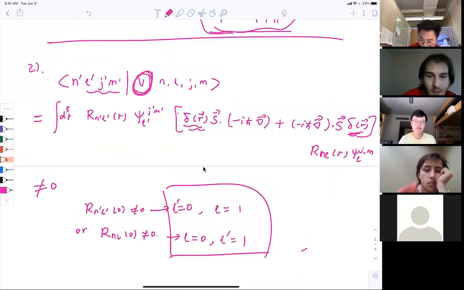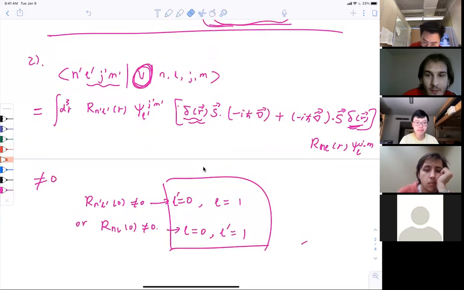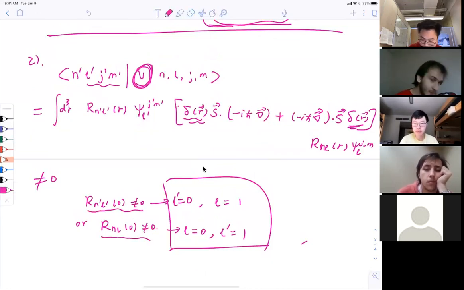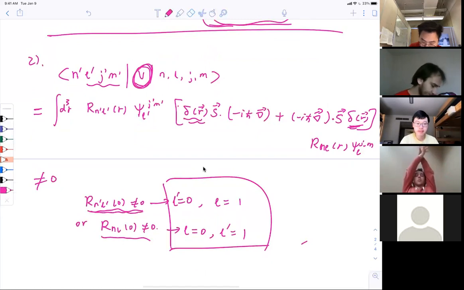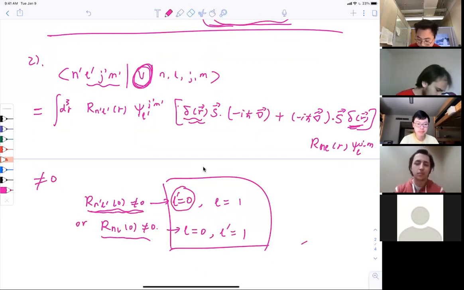Okay, sure. So basically, you understand this guy must be non-zero or this guy must be non-zero, right? To make sure you get non-zero results. And this guy non-zero implies your L prime must be non-zero because it looks like this.